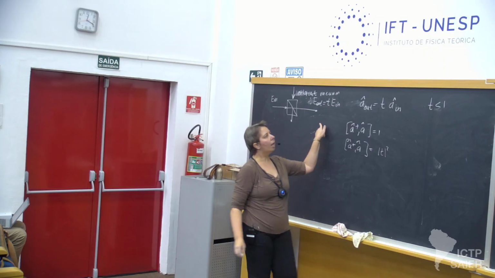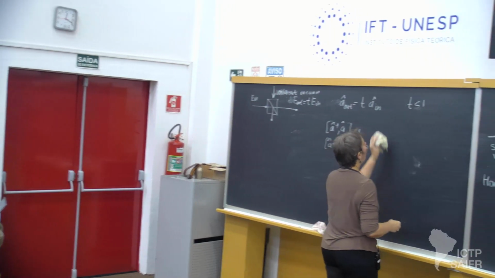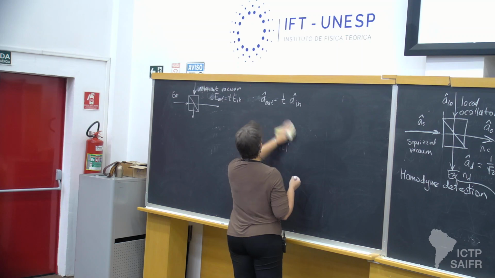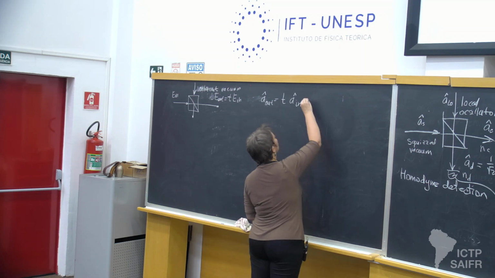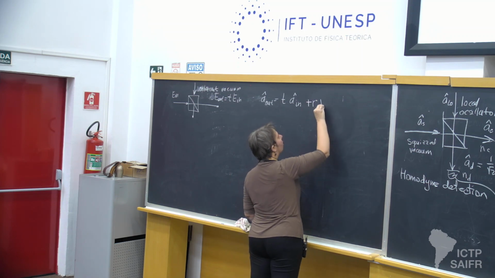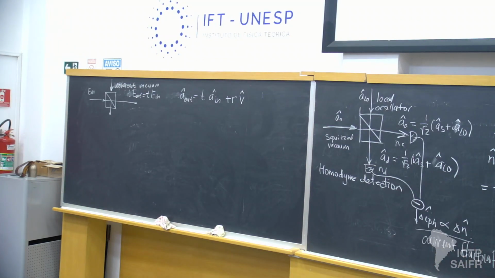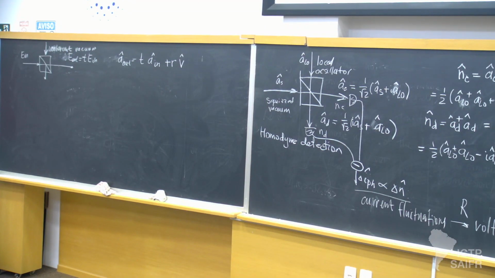So as a result, instead of just having our reduced field as we used to in classical description, we will have to have some of the vacuum field added in. Okay, let me make sure I don't mess up too much.